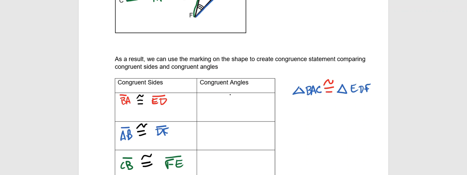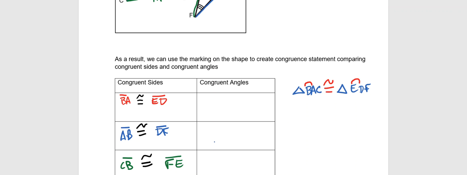Okay, so what you'll notice here is I don't even need to look at the figure. When I matched up side BA, I put these two letters together, the first letter and the second letter based on the name of my triangle, which means that they match up in that same order with side ED in the other triangle. Likewise, when I named, oops, I think I made a mistake.